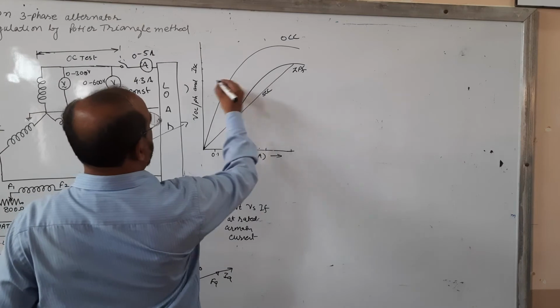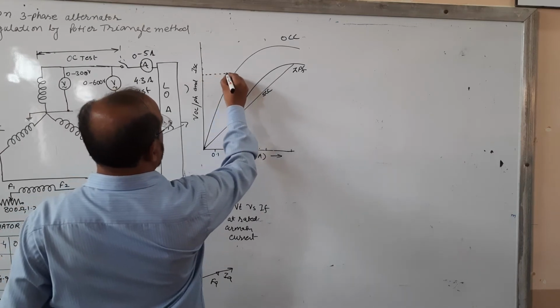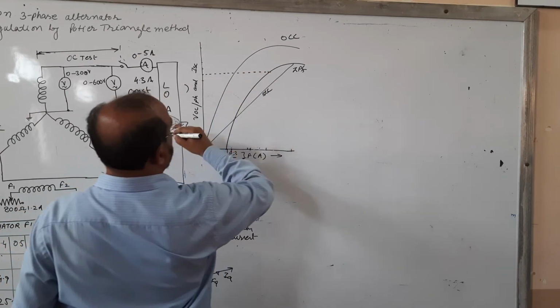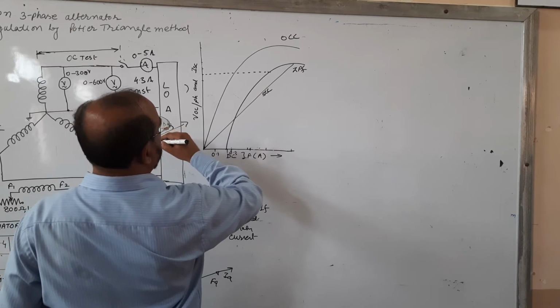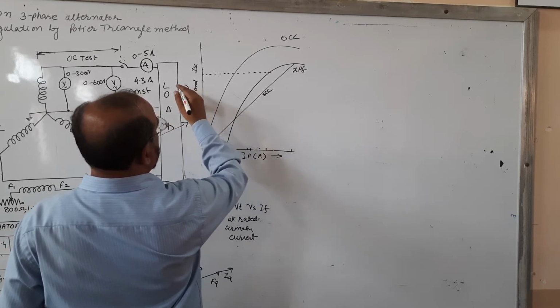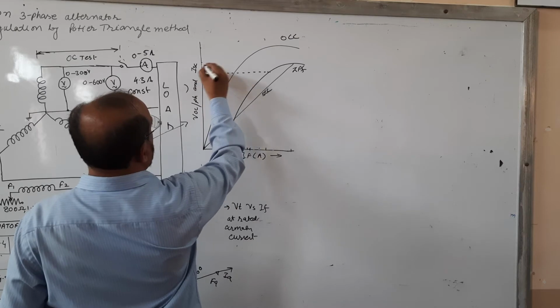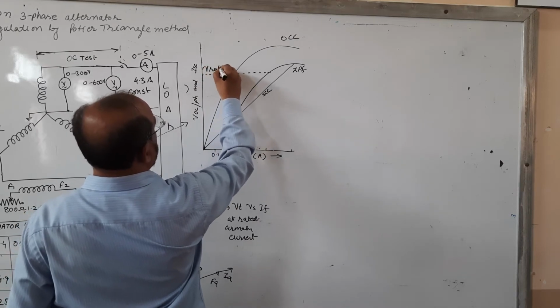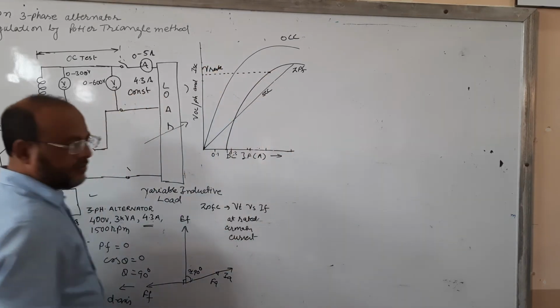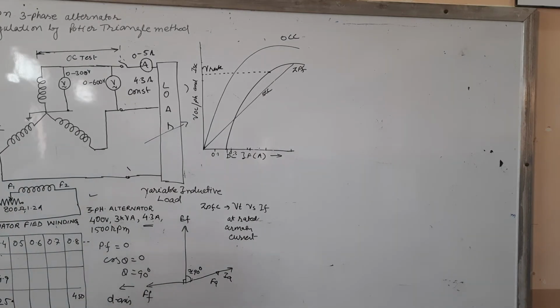Say this is the rated voltage of the alternator, V rated, and say this point is A.